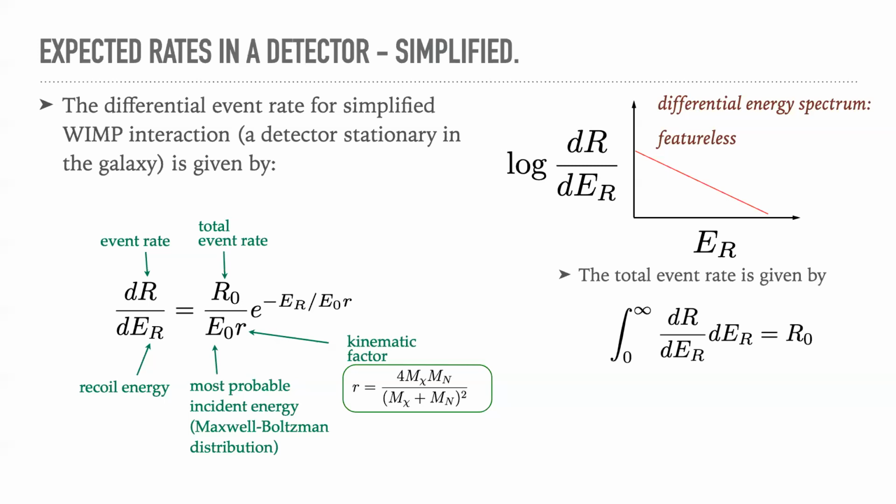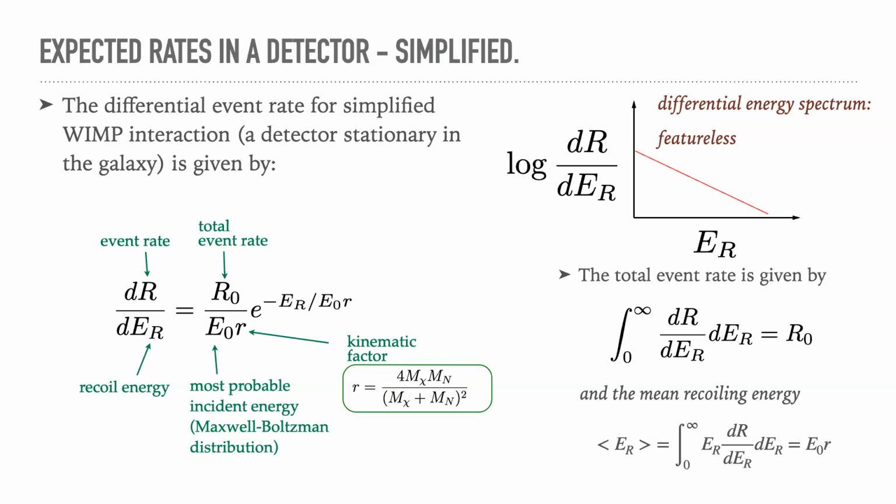If I want the total event rate, I just integrate this expression, and I get R naught. The mean recoil energy, I just integrate from 0 to infinity the recoil energy times dR/dE, with dE an element of the recoil energy. That gives me E naught times my kinematic factor r.